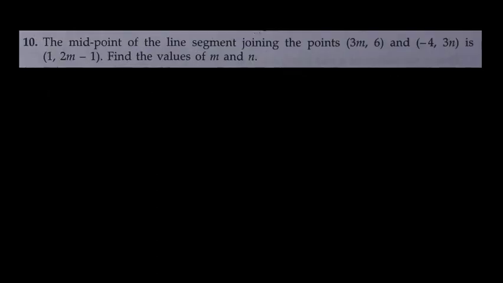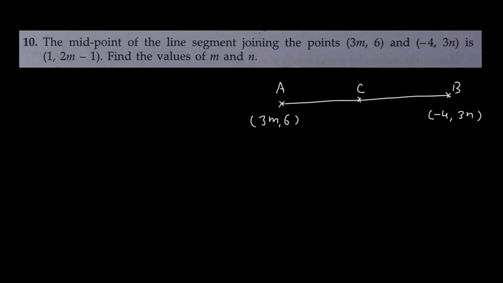Now 10th problem is, the midpoint of the line segment joining the point this and this is this. Find the value of m and n. Okay, the midpoint of the segment joining points. So I have 2 points. Let us say this is point A, and here I have point B with coordinates 3m comma 6 and minus 4 comma 3n, and I have to find the coordinate of midpoint.